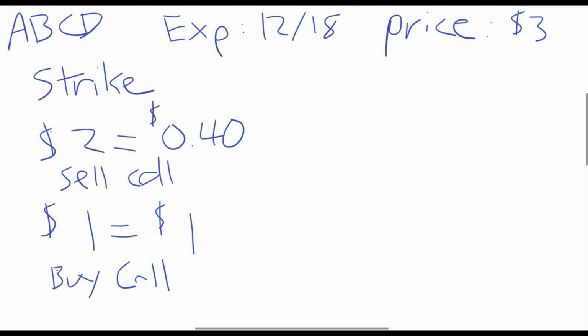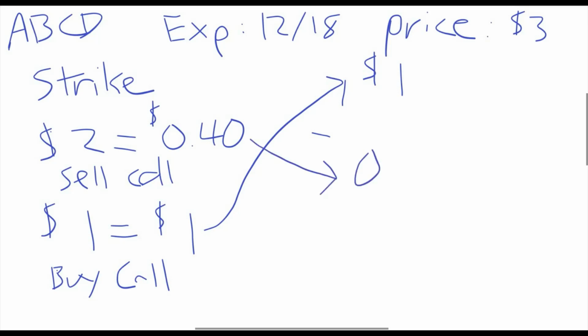So all we have to do, slide this over to the top, and our $1 call, because that's the buy, will then have the sell call. Forgive my zeros, they're looking pretty bad.